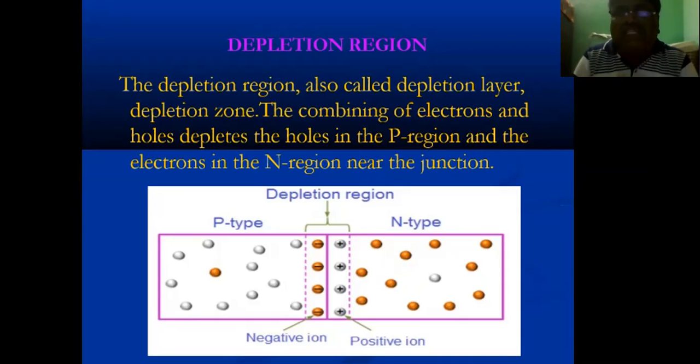Depletion region, depletion layer, depletion zone: the words are different, but the meaning is the same. In a depletion region, depletion layer, or depletion zone, there is no charge. So that is called the depletion region. When the depletion region increases and when it decreases, that is very, very important. Let us see now.